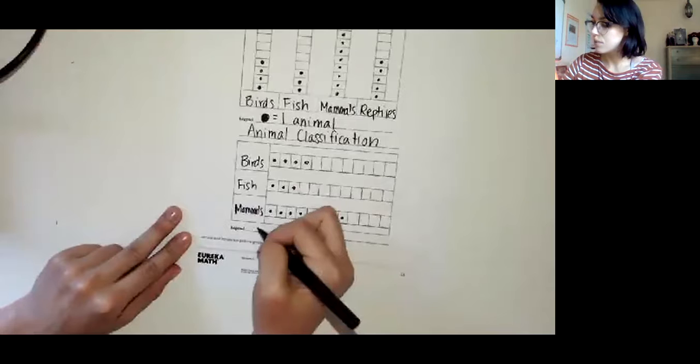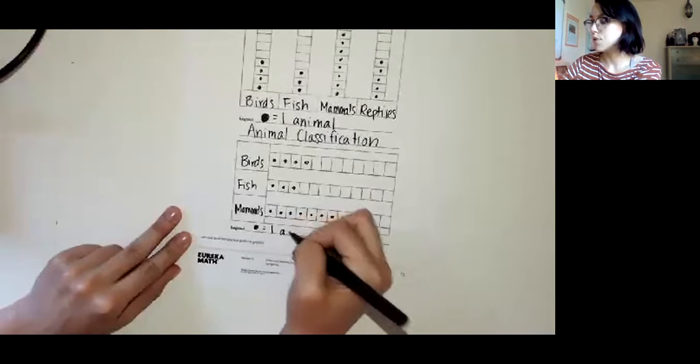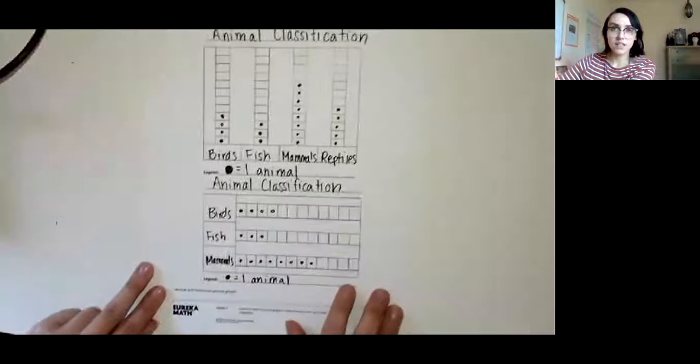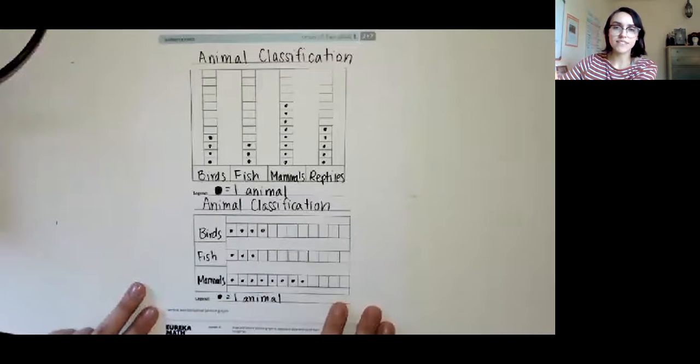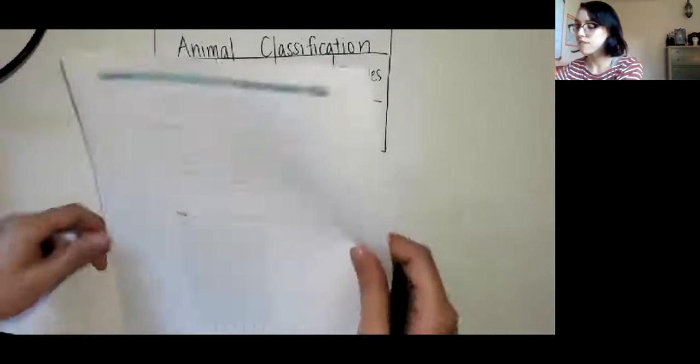And again, we were doing each dot equals 1 animal. We just practiced completing a picture graph together. Now, let's use our data to complete a bar graph.